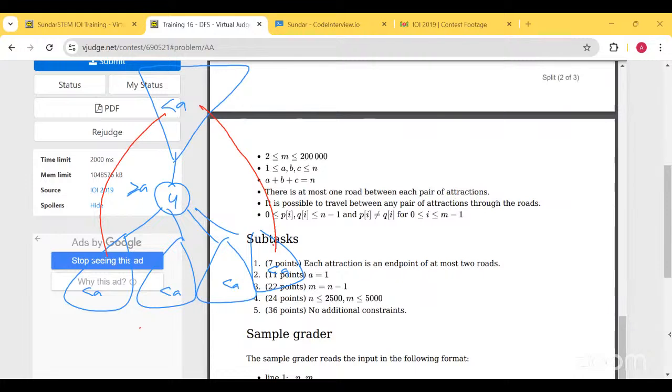But is it possible for a group to connect with this? Simple or not? No, why? What if there is a graph like this? Actually, there is an edge here, but this is already visited, so we skip it in the DFS tree. But actually, this component can connect with the rest of the component, right? Do you agree with that?